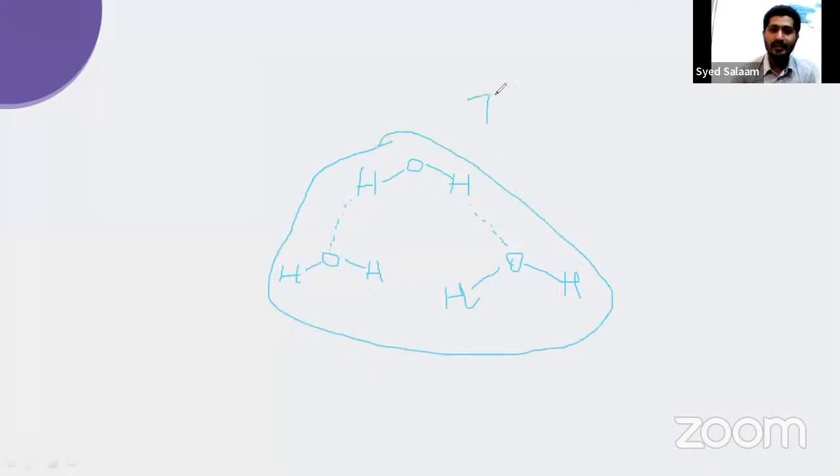Okay. So this is inter. Inter means in between the molecules. So this is one type of hydrogen bonding: interhydrogen, intermolecular H bonding.